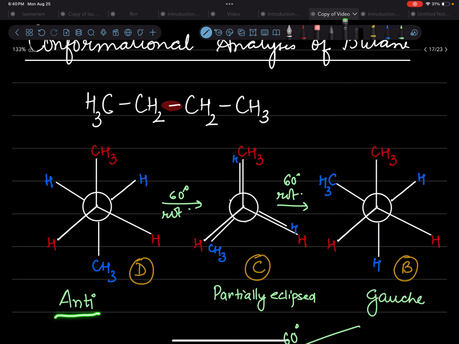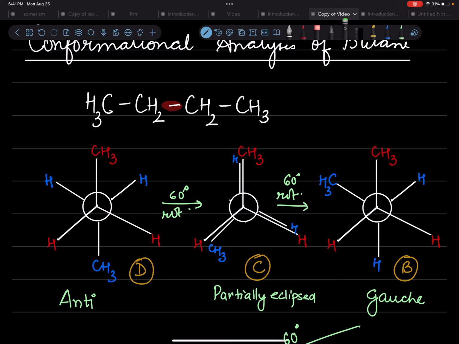If I rotate this by 60 degrees, keeping the front carbon fixed and moving the back carbon, then this hydrogen will come here, which you can see it's coming there. This methyl will go there, which you can see in the next structure is here. This hydrogen will go here, you can see it there.